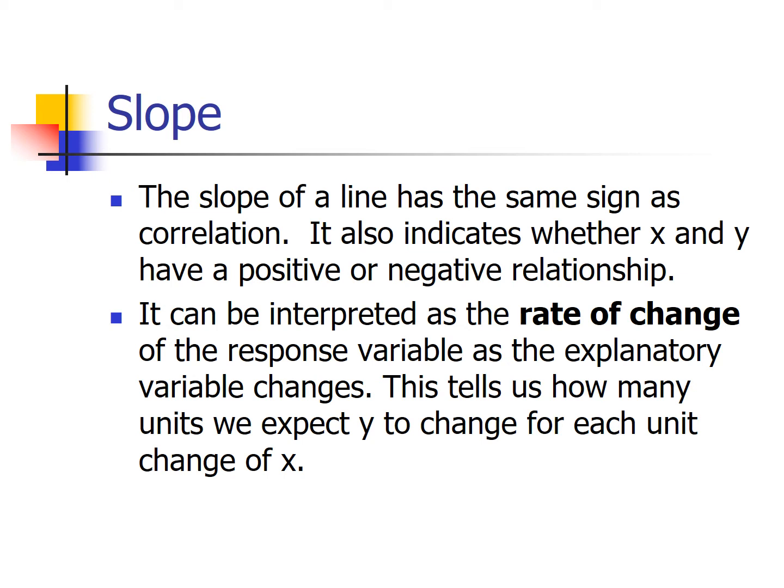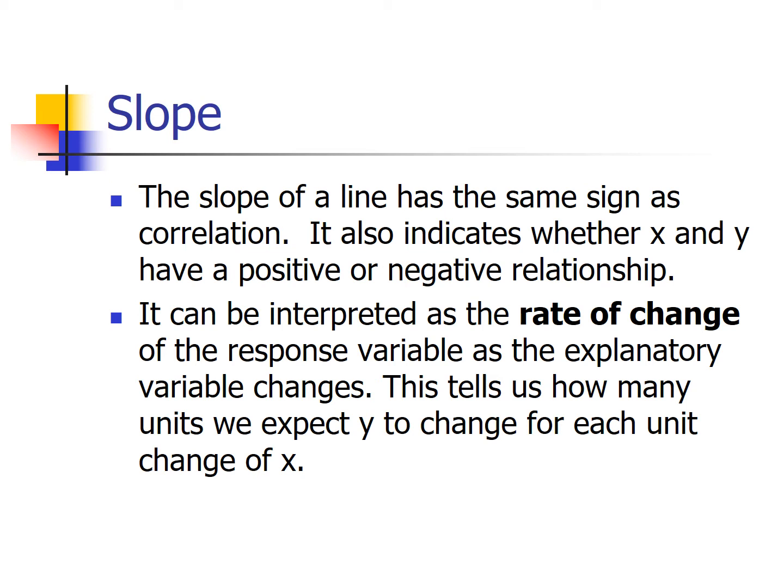So, one of the primary uses of this least squares regression line is finding this intercept and slope and using their interpretation. So how do we interpret these things? Well, the slope always has the same sign as the correlation. Makes sense, hopefully.